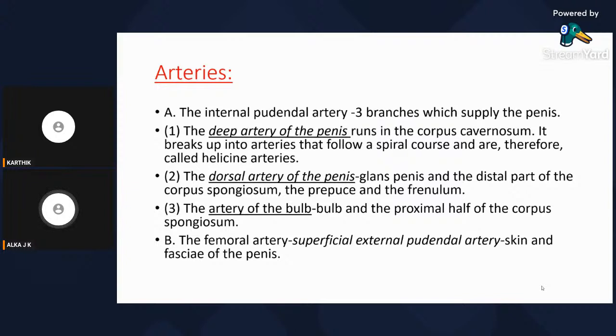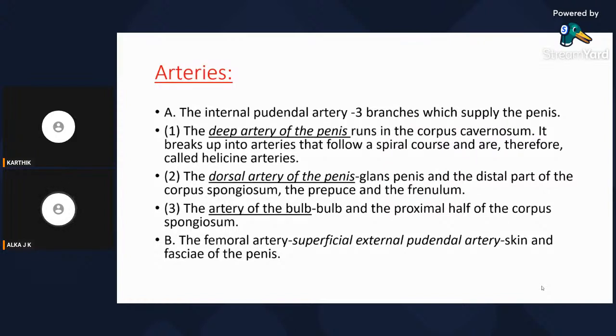Along with that, from the femoral artery, the superficial external pudendal artery goes to the skin and fascia of the penis. You have seen this at the time of dissection, in the superficial dissection of the anterior compartment of the thigh, when we open the femoral triangle, we see three superficial branches of the femoral artery: the superficial external pudendal artery, the superficial epigastric artery, and the third one, the superficial circumflex iliac artery.